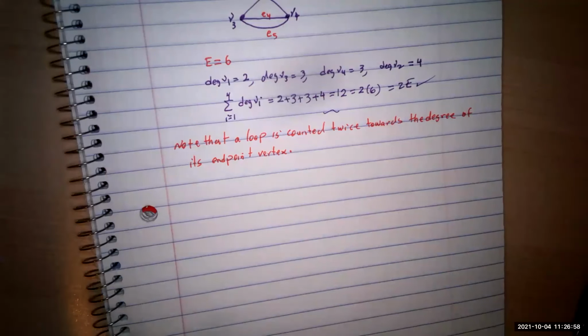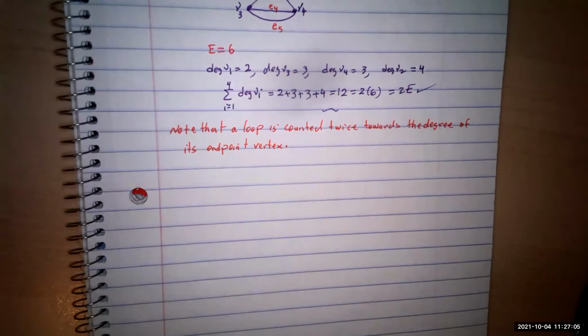Because as we talked about, each of these edges is going to be counted twice when we add the total of the degrees. So we have to keep this one to get the numbers.